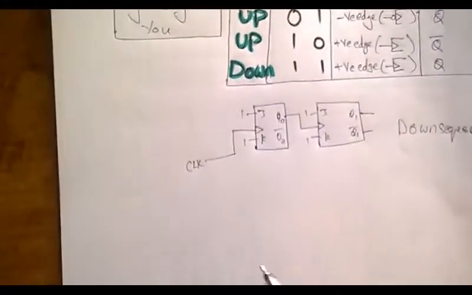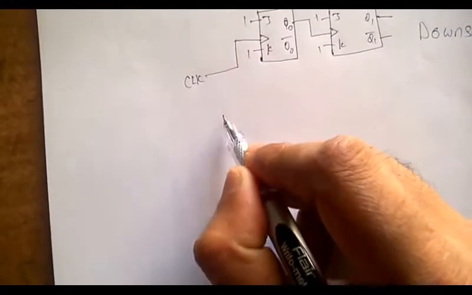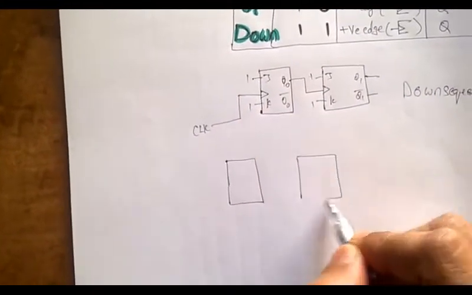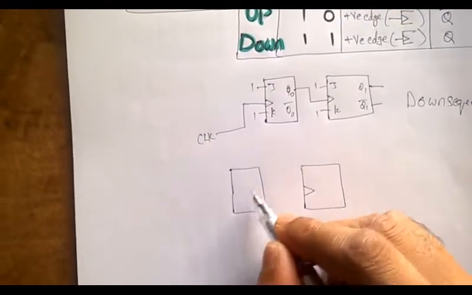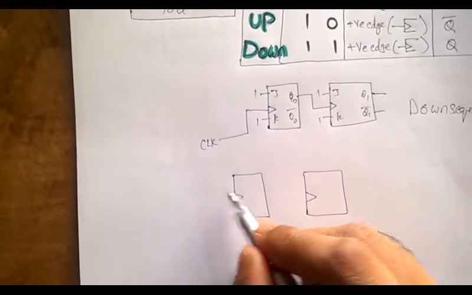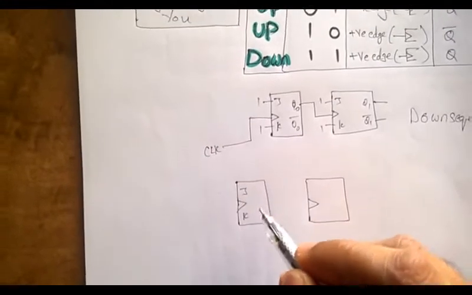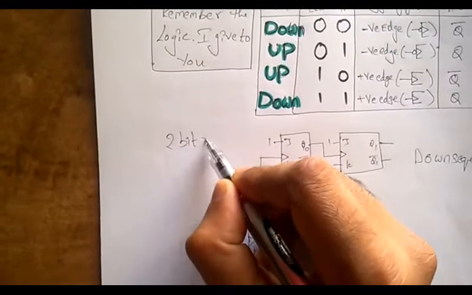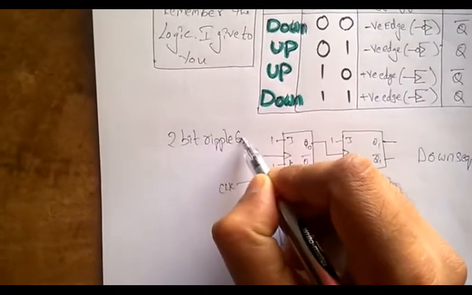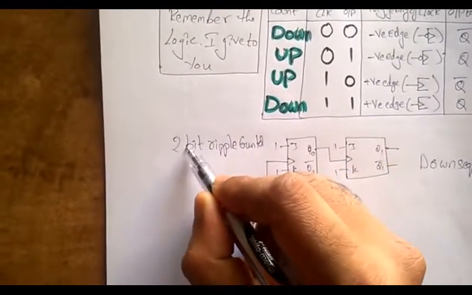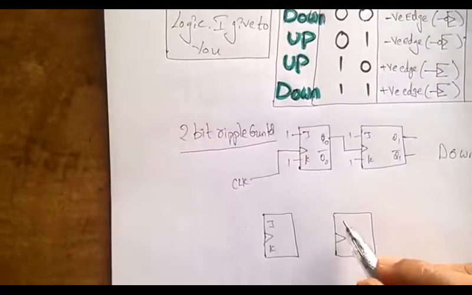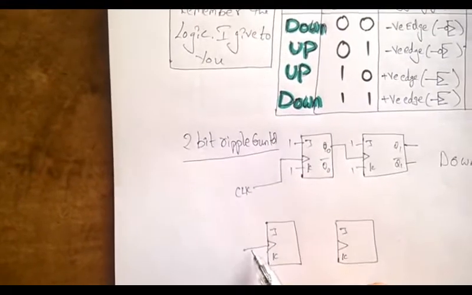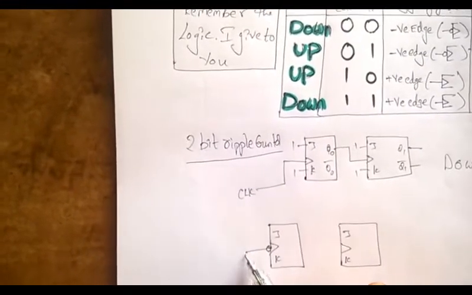Okay, now let us take a second example. This is a 2-bit ripple counter. Let us give negative edge trigger.